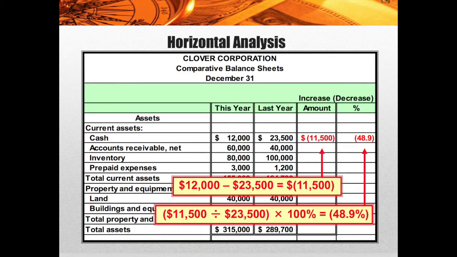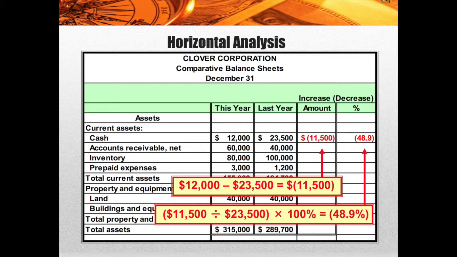So in this case, you can see that Clover Corporation has current assets of $12,000 this year. Last year it had $23,500. So to get the difference, we simply subtract this year from last year. This year is $12,000 minus $23,500 for an amount of increase or decrease. In this case, it's going to be a decrease of $11,500.